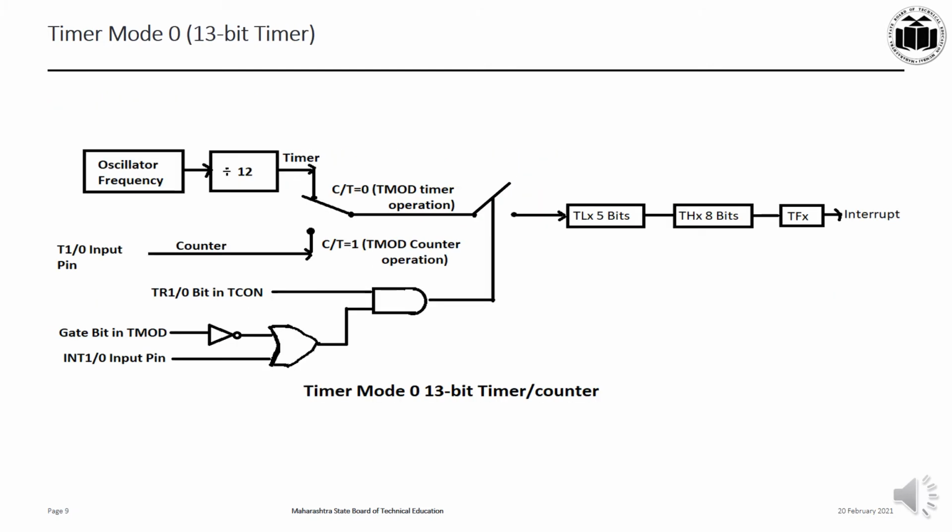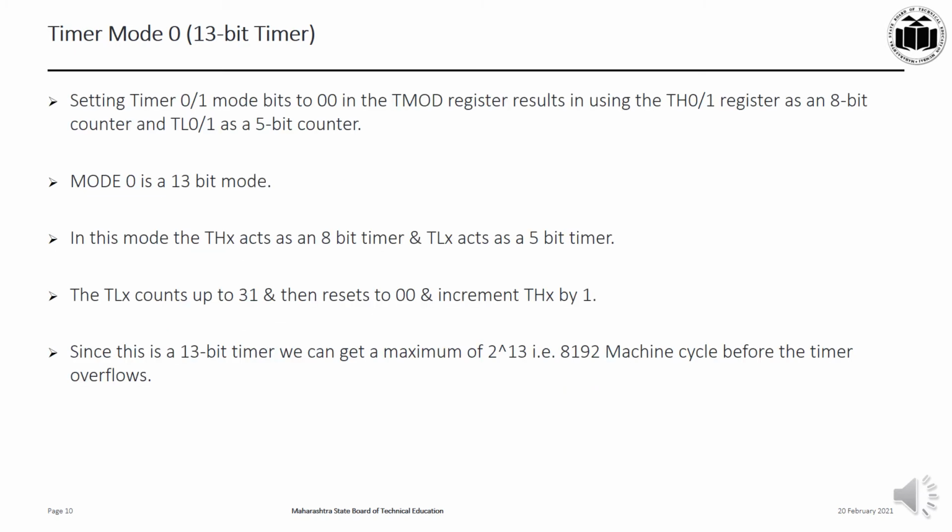We will start with the first timer mode, timer mode 0, which is also called a 13-bit timer. As it is a 13-bit timer, we are only using 13 bits of the total 16-bit timer. 5 bits of TL0 or 1 and 8 bits of TH0 or 1 are used for this mode. Setting 00 in the TMOD register for timer 0 or timer 1 selects timer mode 0.